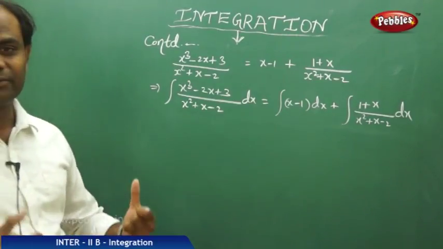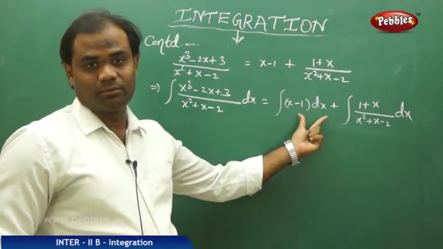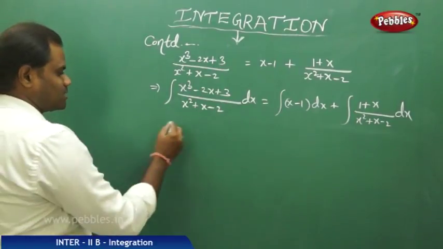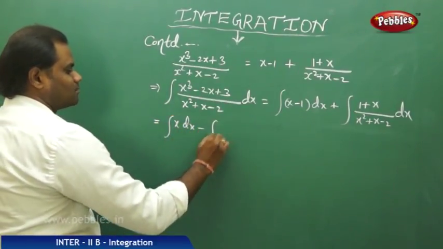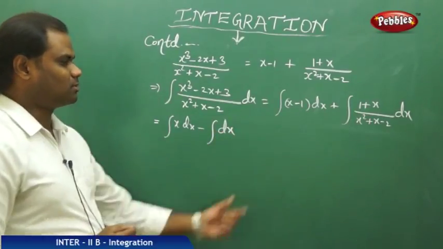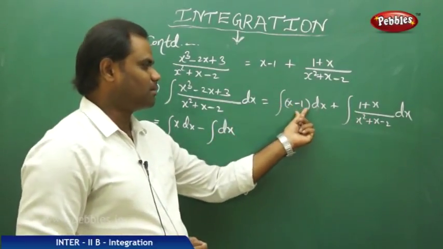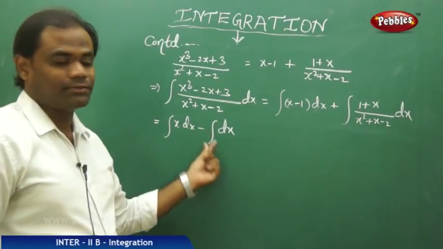Now let's split the integral using the expansion through brackets. That is, this step is followed with integral x dx minus integral dx, because this can be split as x dx minus dx under the integral.